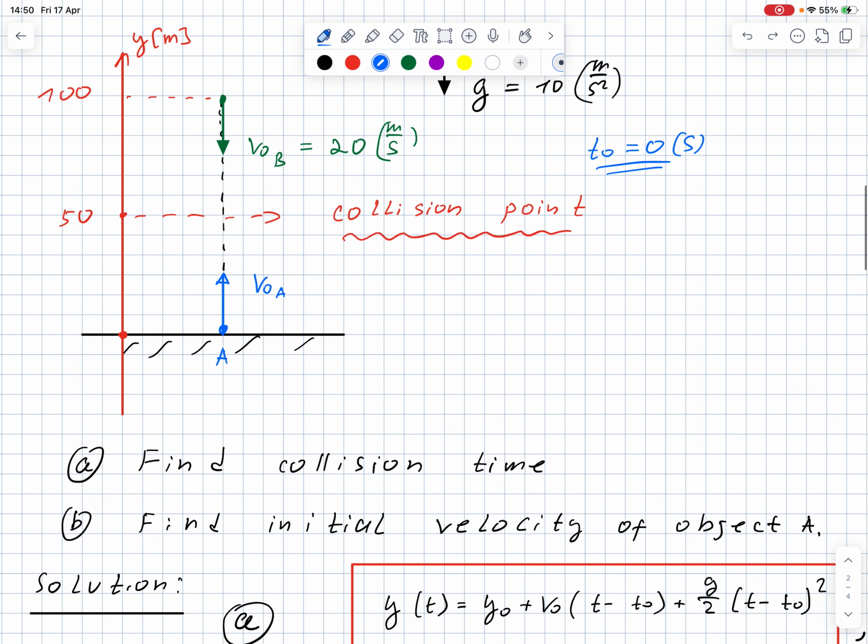Let's go over and see what we can do about part B. Find initial velocity of object A. Again, I'm going to use ya of t. Why?